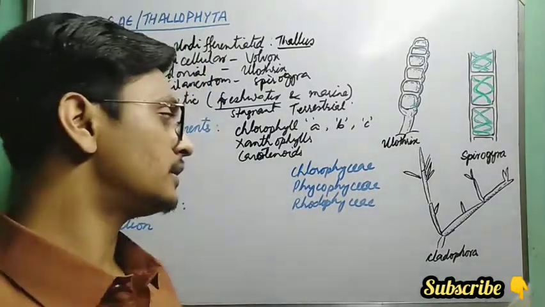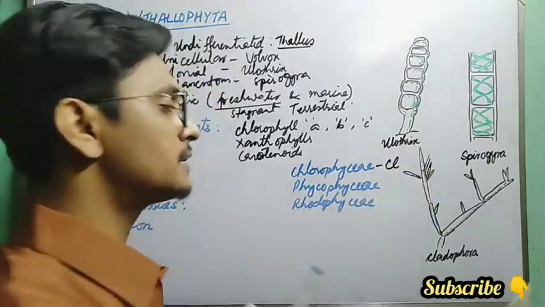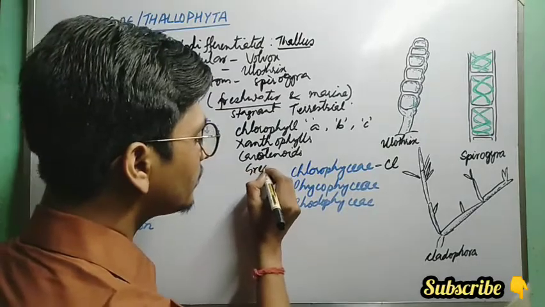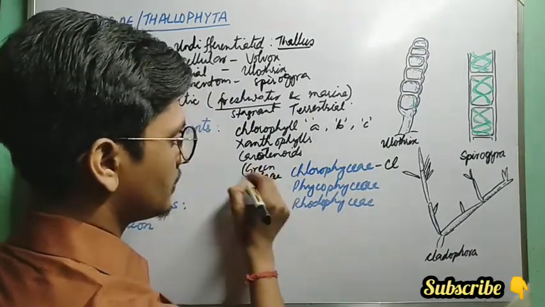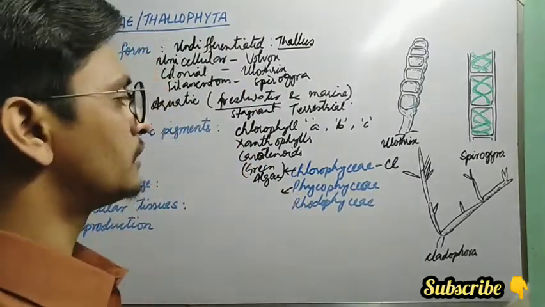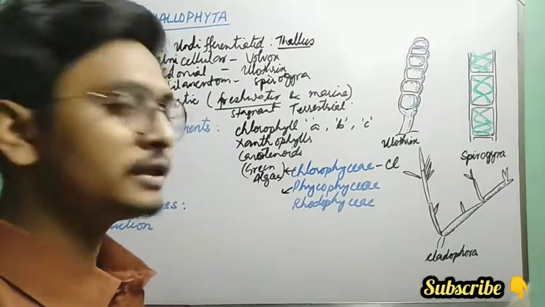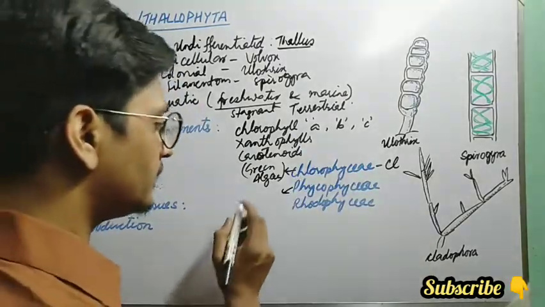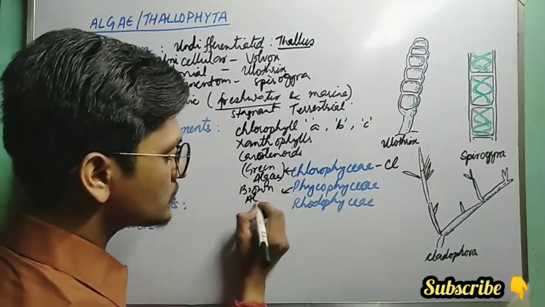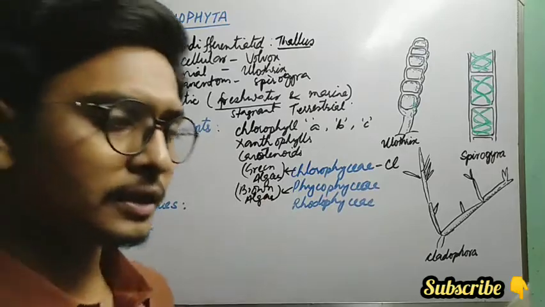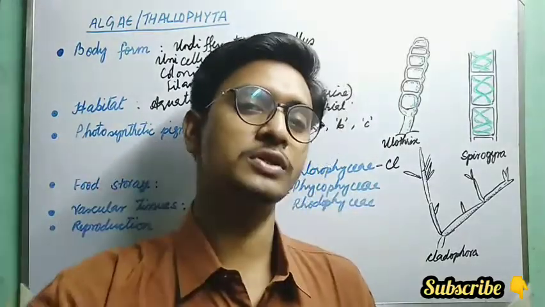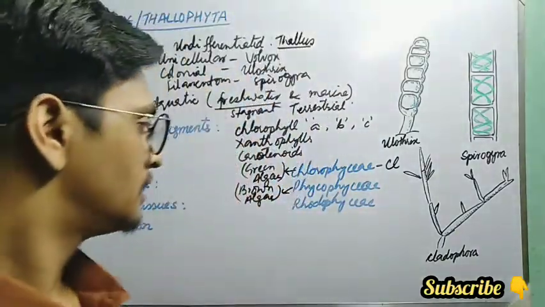Chlorophyceae, by the name, indicates it has chlorophyll as the photosynthetic pigment, and they are also known as green algae. Phaeophyceae have xanthophylls, fucoxanthin and carotenoid pigment inside them, so they are also known as brown algae. And this brown algae is found on the ocean floor, the lowermost portion of the ocean, the ocean bed.